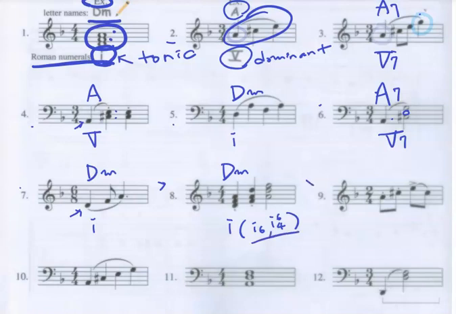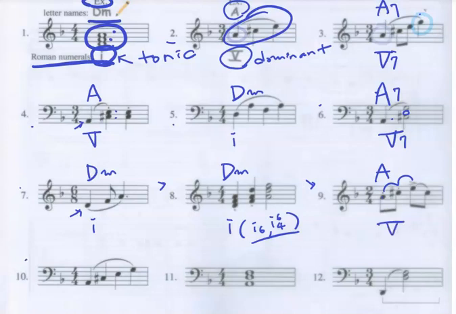Okay, let's move to number 9. Here, what is the first note here? The first note is A. Okay, A, C, E. This is A chord. 3 notes, right? A, C, E. So this is just 5.